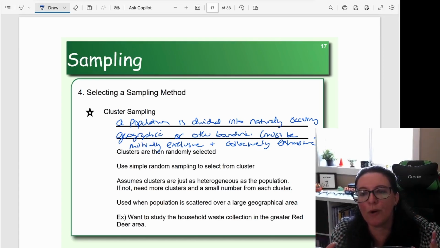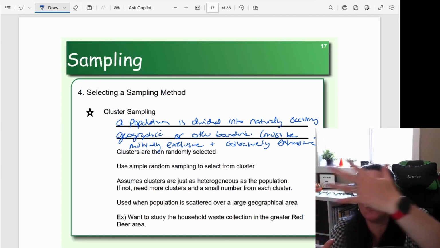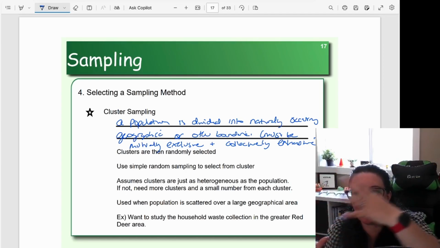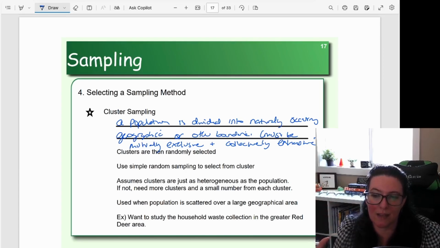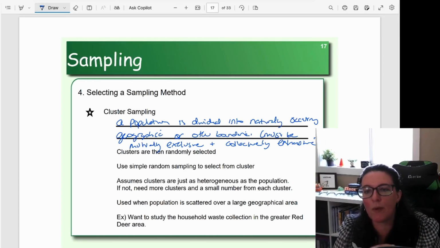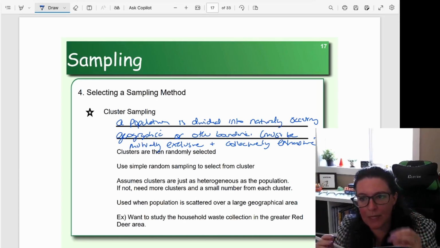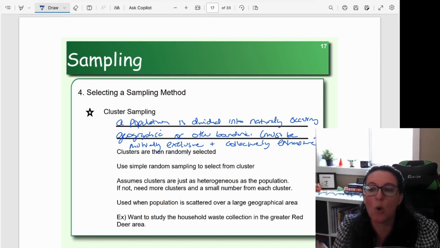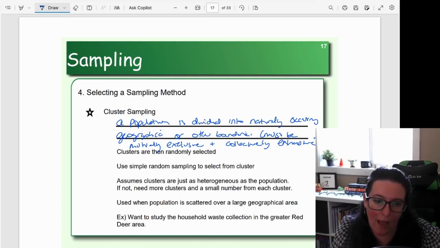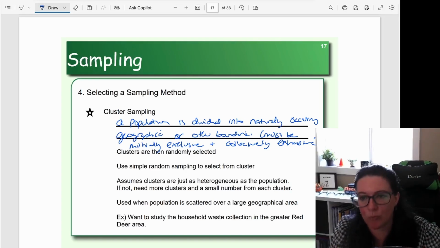So what we're doing is we're trying to make sure that we cover the vast geographical area that is in our population, but rather than getting equal representation from each of those geographical locations, we're choosing the geography at random and then choosing from within that group at random.